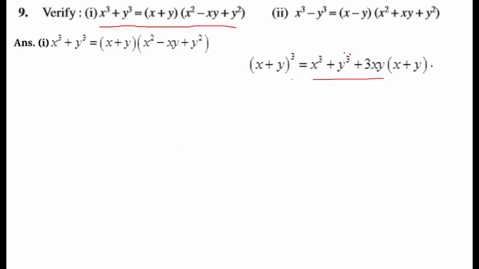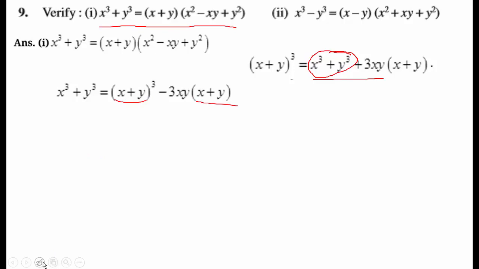Now taking x³ + y³ on the left hand side, we will be left on the right side with (x + y)³ - 3xy(x + y). Here x + y and here also x + y, so we take x + y common, and we are left with (x + y)² - 3xy.